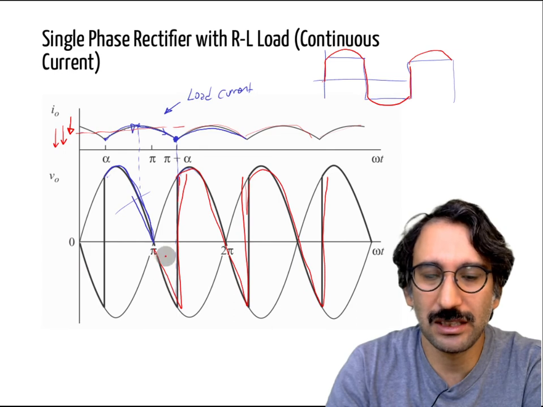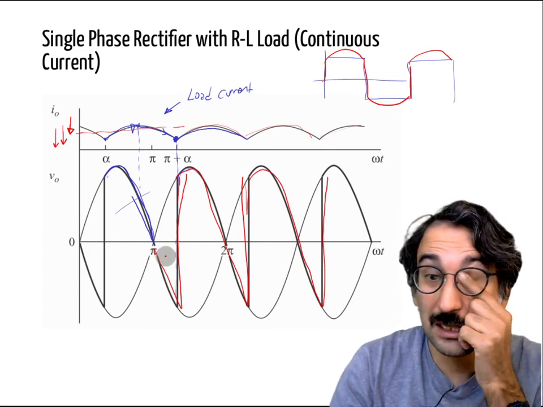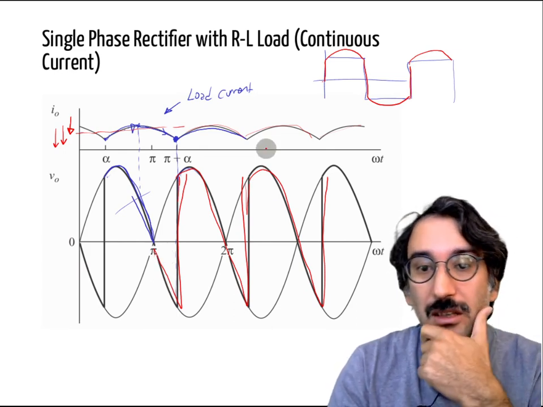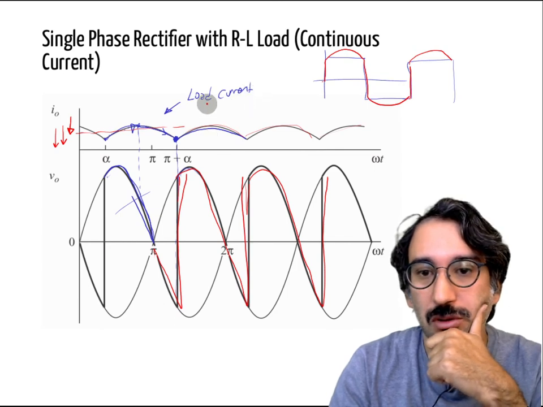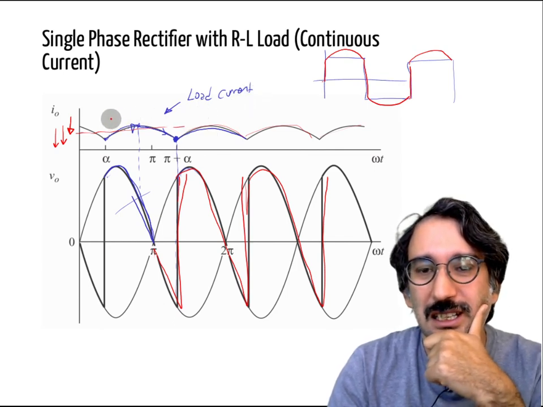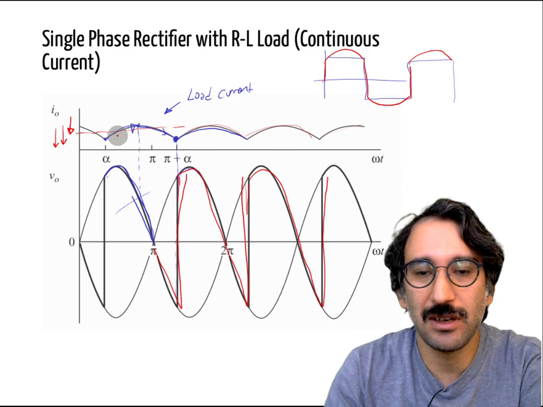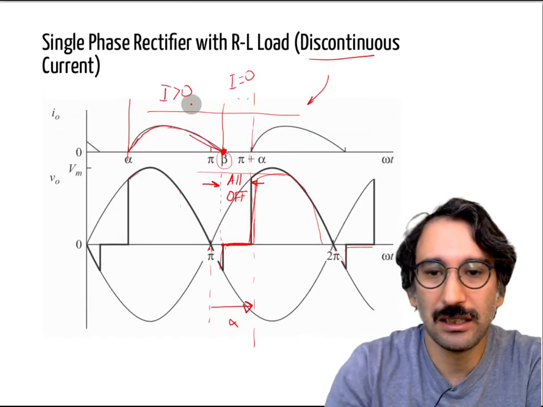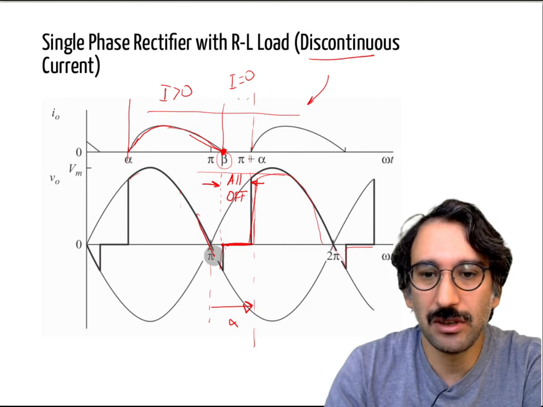So in the ideal current source, we just ensure it is always in the continuous current mode, continuous conduction mode. But if it is an RL load and if your average value of the load current is less than the ripple value, you can have that kind of output voltage.